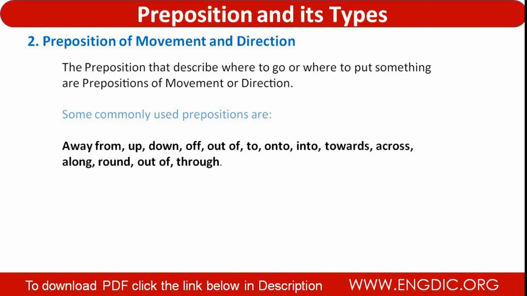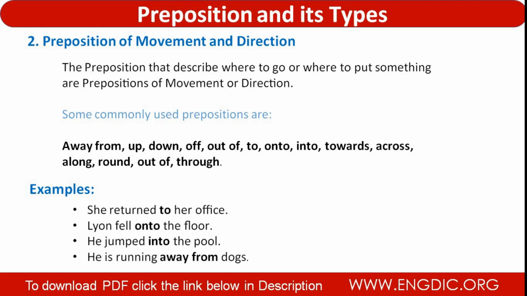Some commonly used prepositions are away from, up, down, off, out of, to, onto, towards, across, along, round, and through. Some sentence examples are: She returned to her office. Leon fell onto the floor. He jumped into the pool. He is running away from dogs.